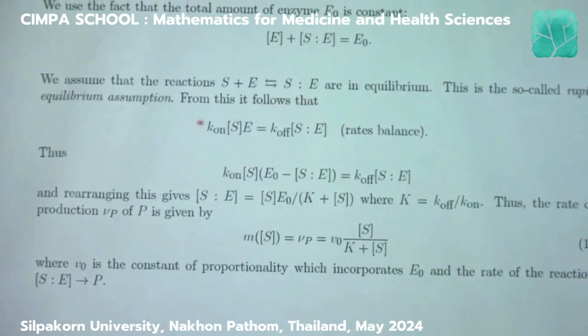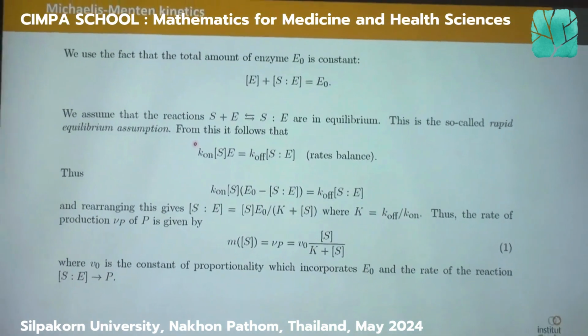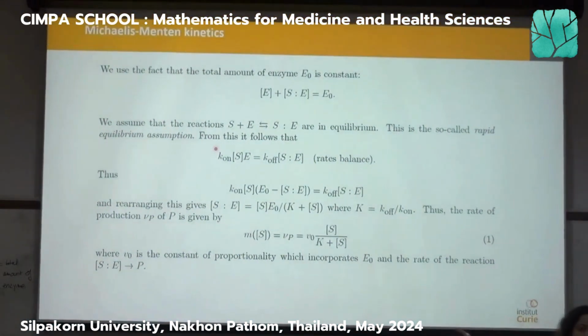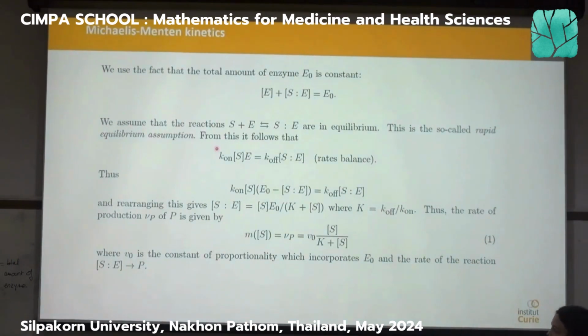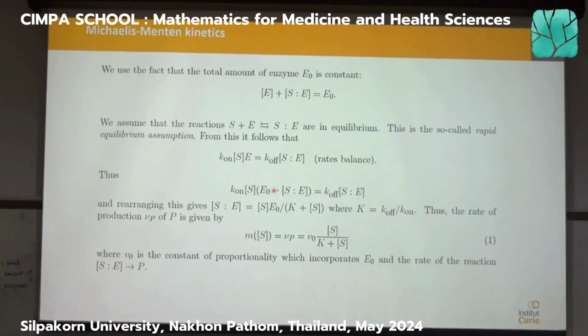This is saying that the two first reactions are super rapid and they are at equilibrium, so their rates are equal. That's here. And then you replace E by E0 minus SE using this conservation law. Sometimes this one is called conservation law. Maybe I haven't said that. Conservation law.